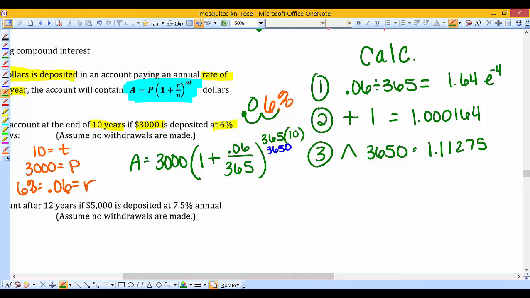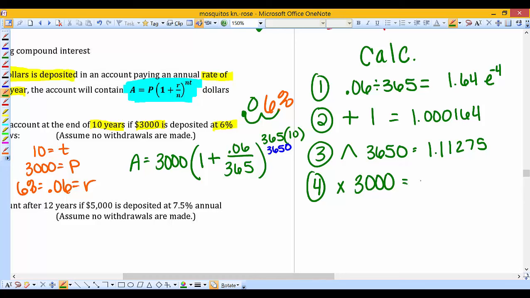Now, once I have the inside of my parentheses and my exponent done, my final step is to just hit times 3,000. So times, my decimal's already in there, 3,000.